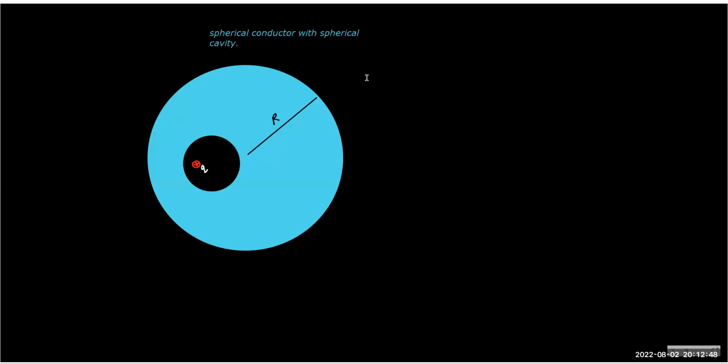What about the outer surface? It will be uniform. Very good. So is everyone able to think why the outer surface is uniform? Very good. Because the inner cavity surface and the charge cannot influence the outer world, right? And therefore the outer charge will take its own course and decide the distribution.